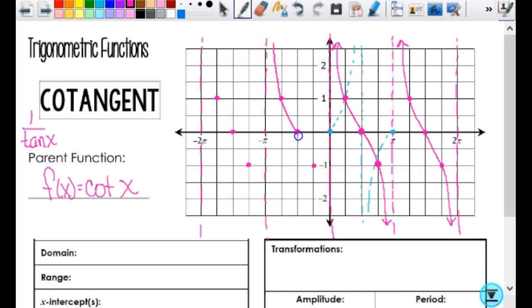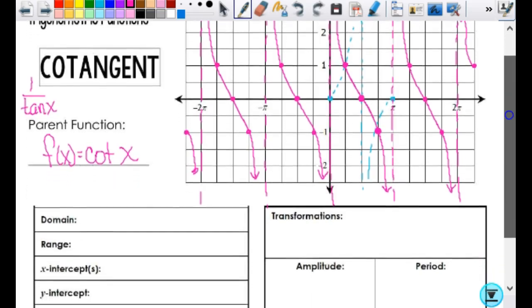And I've got this. Okay, and this here and here. Okay, so there's the parent function for cotangent. What's in blue was tangent, or just part of it anyway. If I put the whole thing in there, this one would be really wacky.